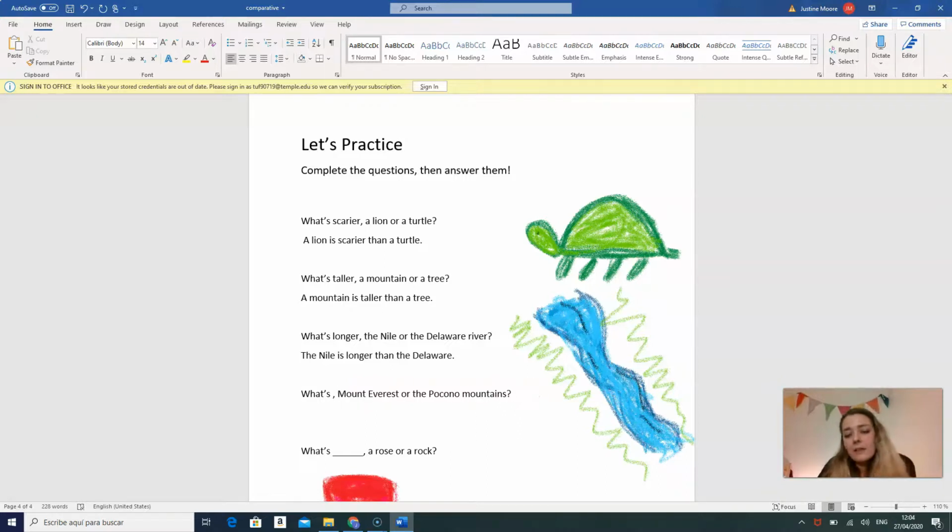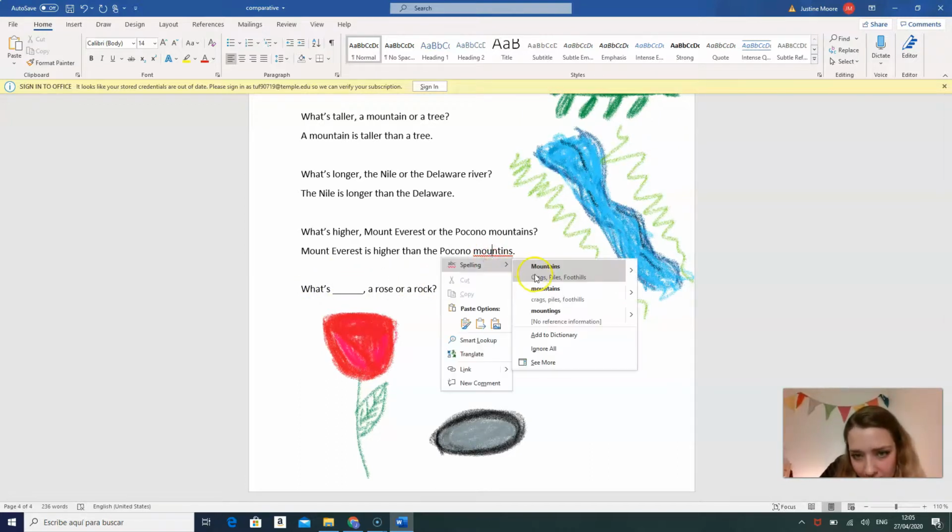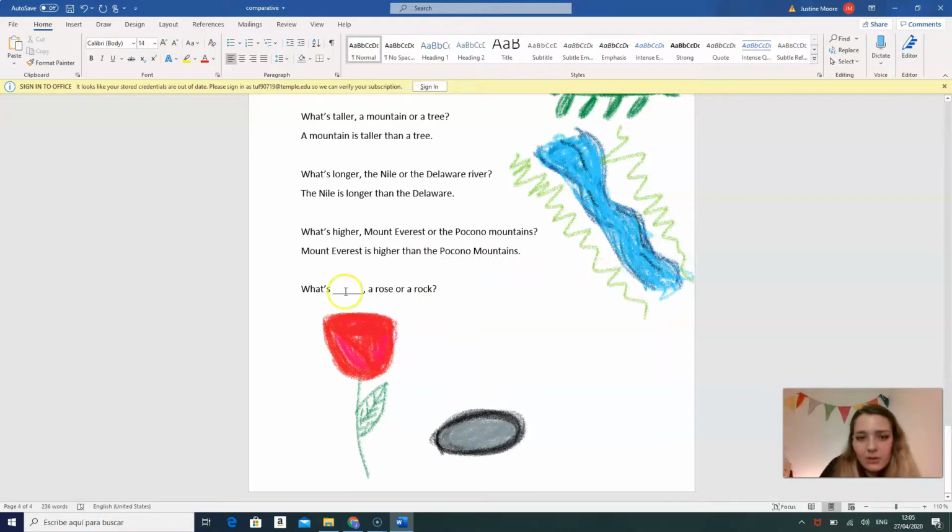What's higher, Mount Everest or the Pocono Mountains? What's higher? Mount Everest is higher than the Pocono Mountains. Okay, so now last one, and the adjective here is beautiful. Oops, forgot the A in mountains, also capital.